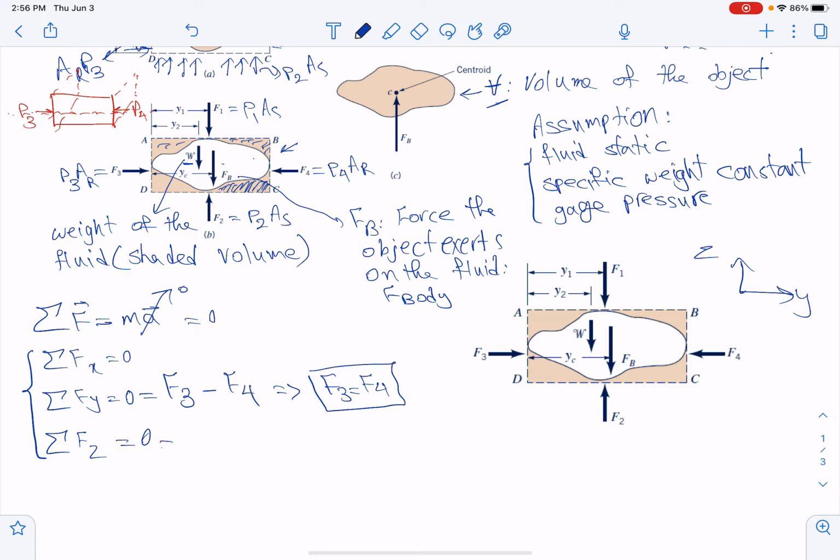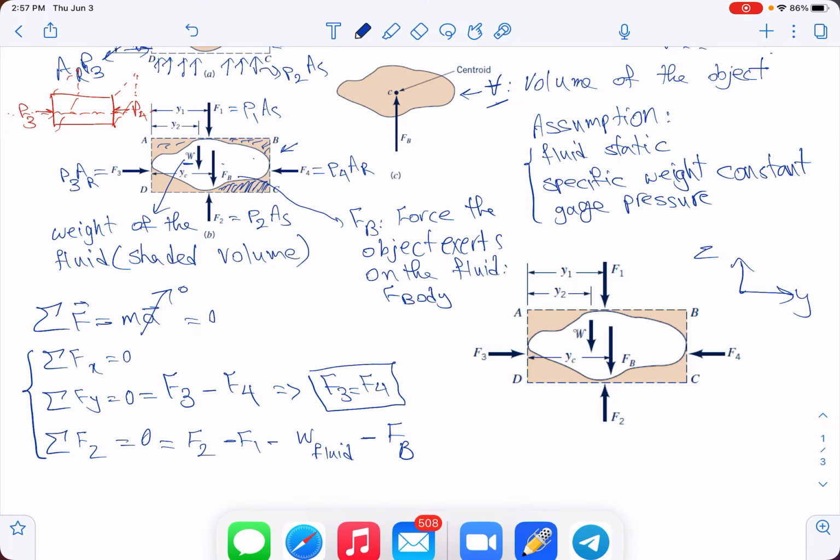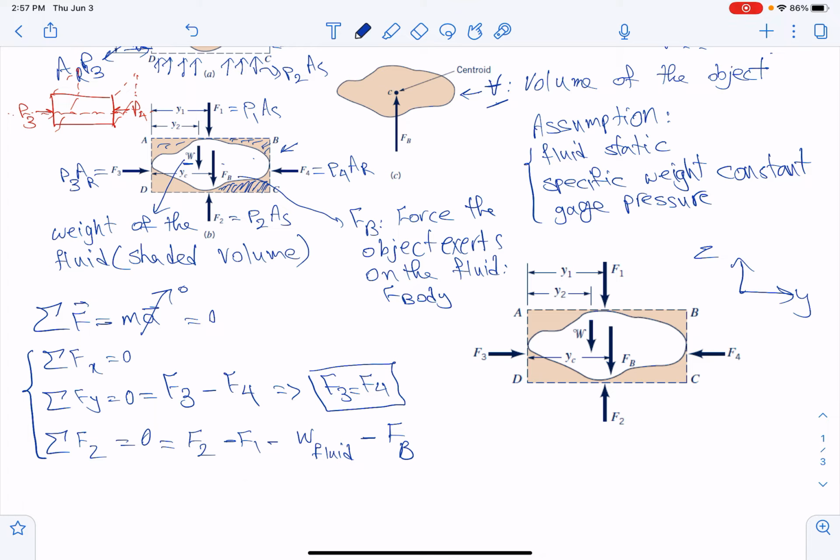And what we have is F2, which is positive, F1 negative, the weight, which is the weight of the shaded volume, and then also F of the body, or buoyancy. So this is what we have.